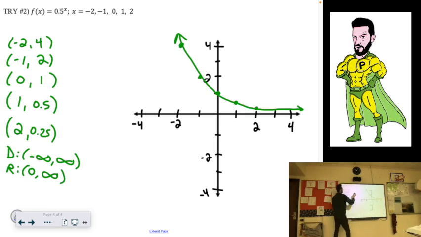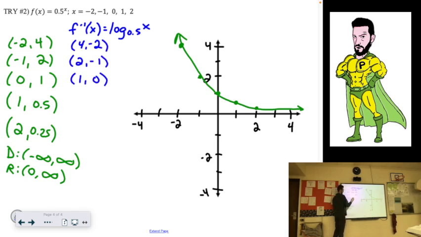All right, the inverse. We'll have f inverse of x equals log base 0.5 of x. Flip the coordinates: 4, negative 2, 2, negative 1, 1, 0, 0.5, 1, and 0.25, 2.